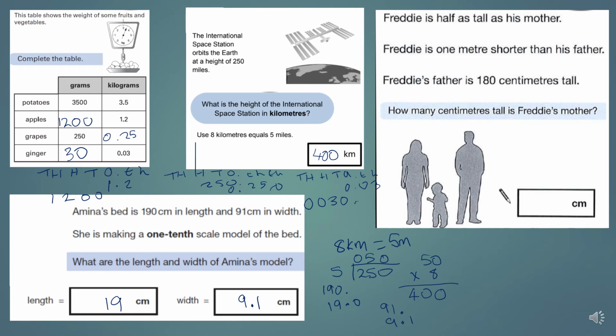Okay, Freddie is half as tall as his mother. Freddie is 1 metre shorter than his father. Freddie's father is 180 centimetres tall. How many centimetres tall is Freddie's mother? So Freddie is half as tall as his mother. Freddie is 1 metre shorter than his father. And Freddie's father is 180 centimetres.